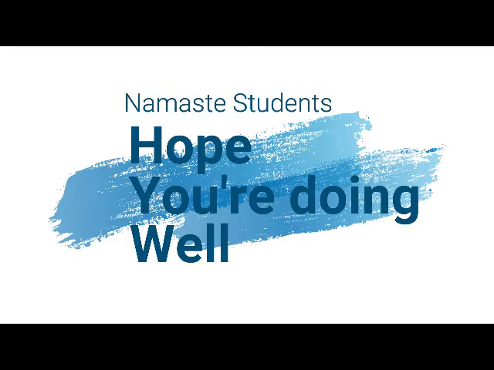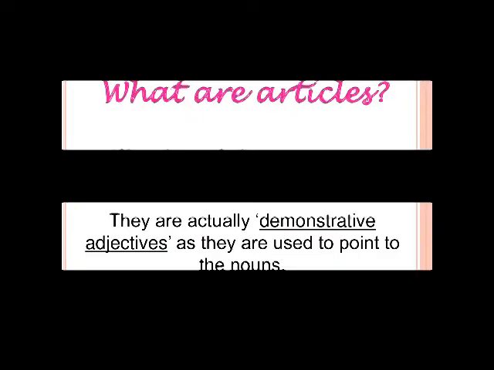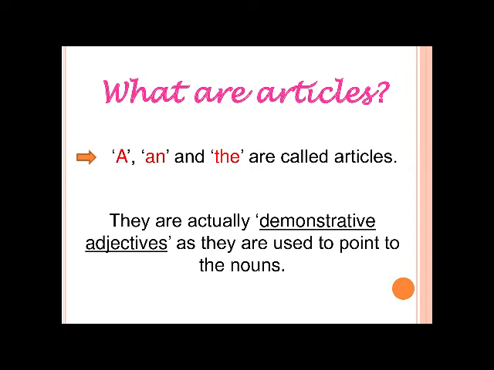So, today we are going to discuss this topic which you all are familiar with, articles. Now you know very well that there are three articles in English language: a, an and the. These are called articles. Now, these articles are actually demonstrative adjectives.